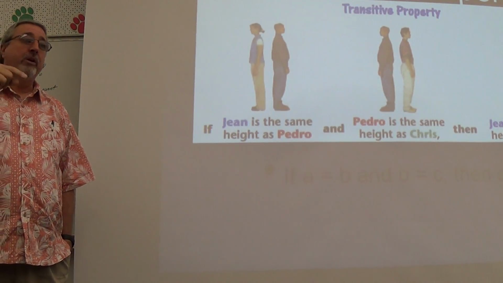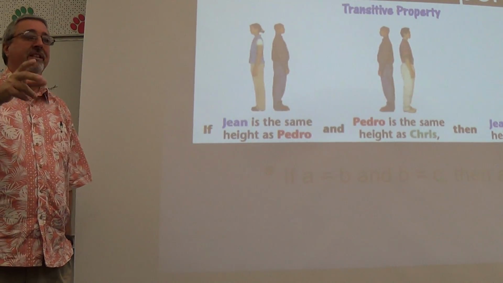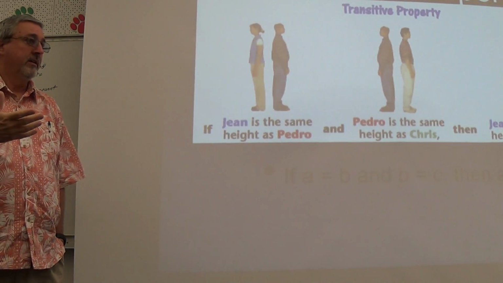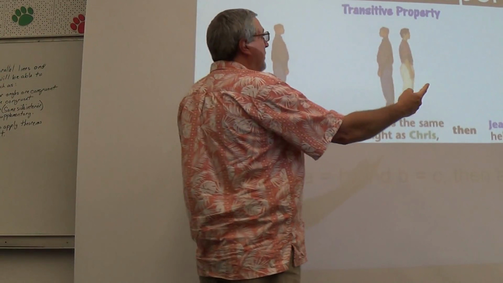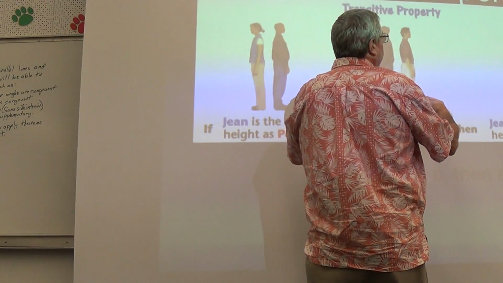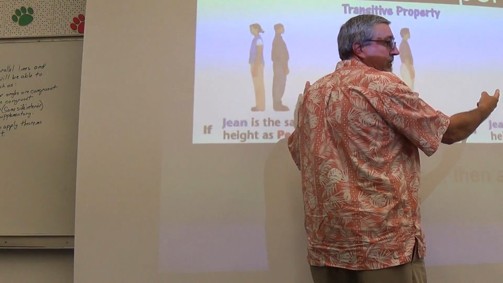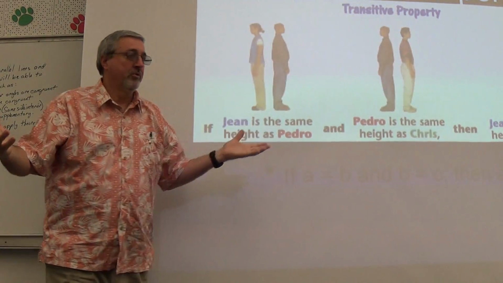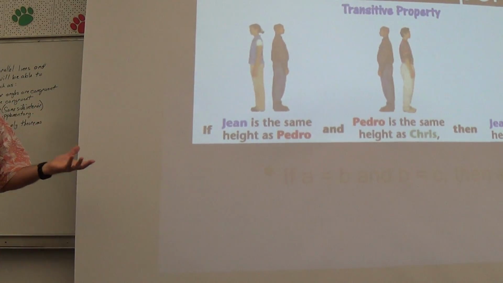If they're both equal to the same thing, then they're equal to each other. That's what that means, the transitive property.